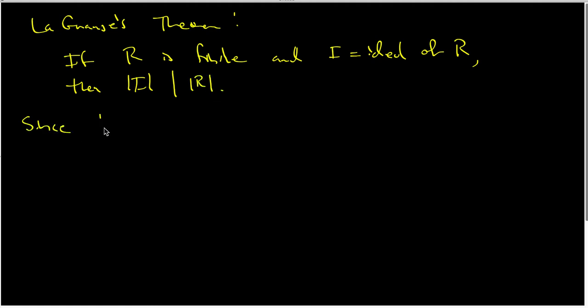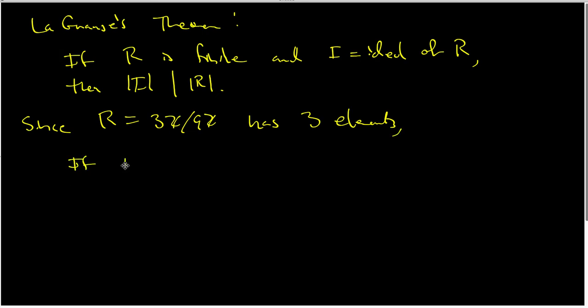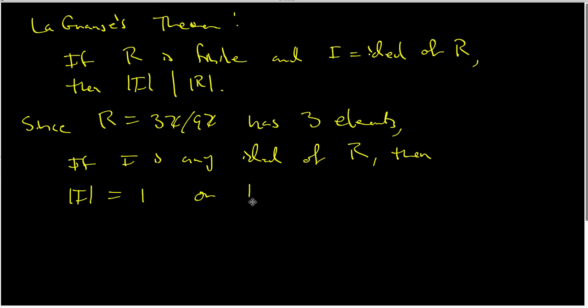So since R equal to 3z mod 9z has 3 elements, if I is any ideal of R, then it turns out that the size of I has to divide 3, so that means the size of I either has to be 1 or the size of I has to be equal to 3.